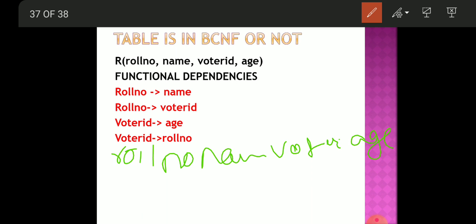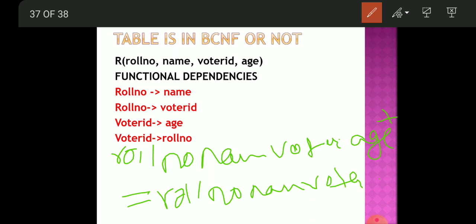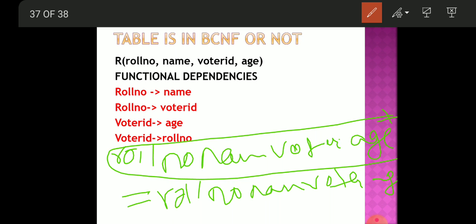These are the four attributes. Let's find the closure of that. Due to the reflexivity property we'll get all the four attributes: roll number, name, voter ID and age. So this is a super key, right?